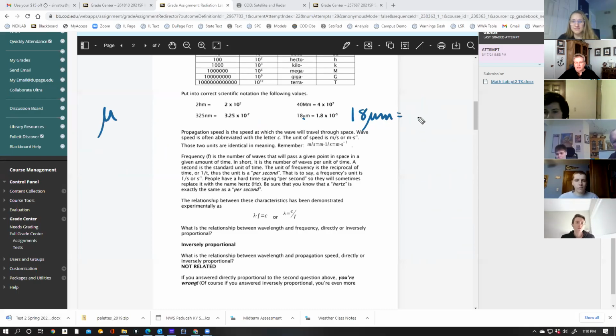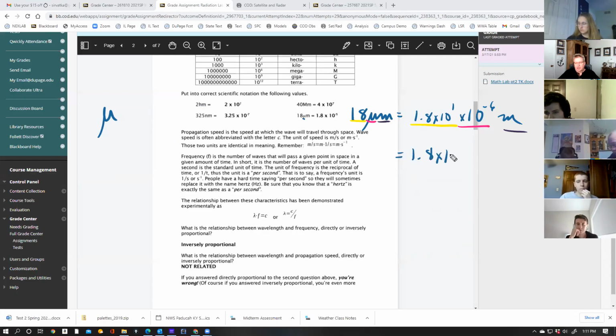And what we're going to say is that this is 1.8 times 10 to the 1st times 10 to the -6th meters. And again, 18 is 1.8 times 10 to the 1st. Micro is times 10 to the -6th. And meters is the unit. And then when all of these are together, I get 1.8 times 10 to the -5 meters.